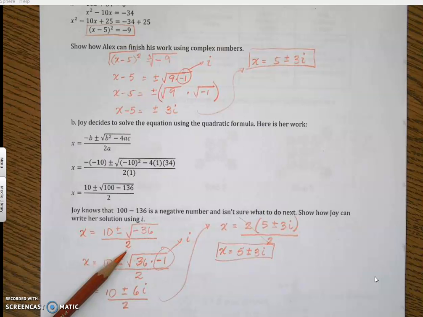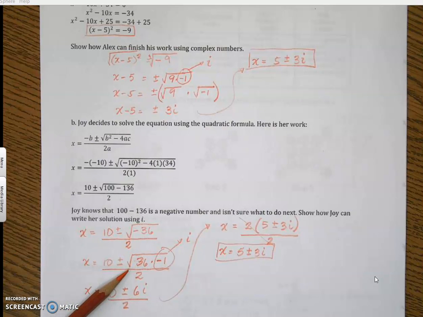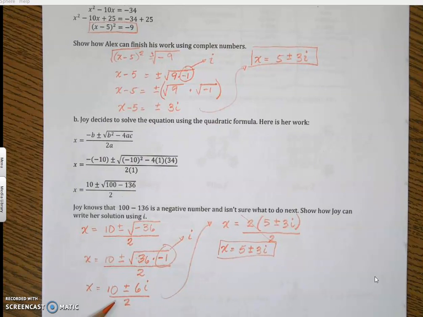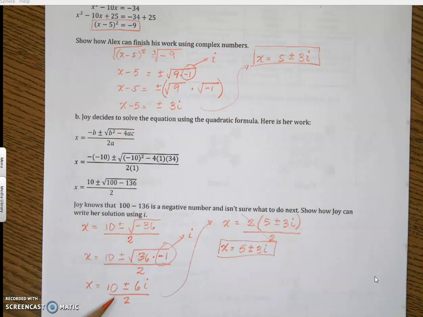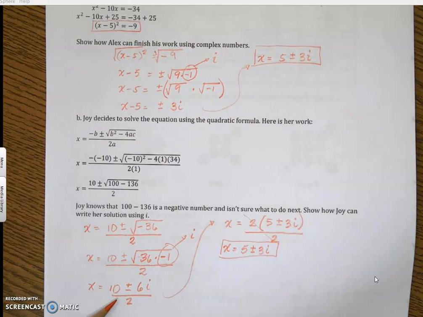Now once again, this can be separated into positive 36 times negative 1, and the square root of negative 1 is i, and the square root of 36 is 6. So now you will just copy this down and put 10 plus or minus 6i over 2.